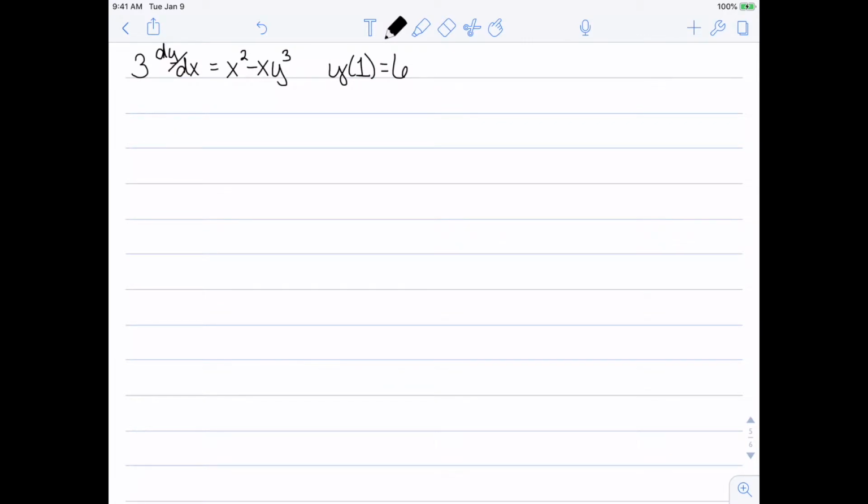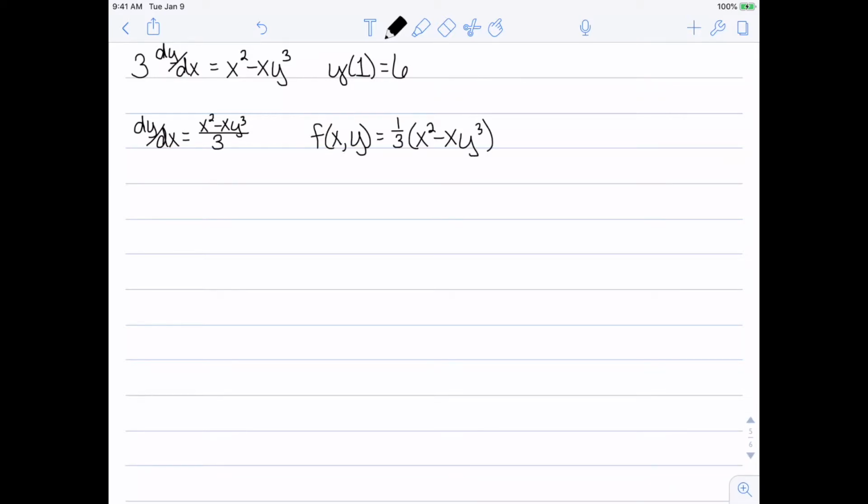So here's my first initial value problem, 3 dy/dx equal to x squared minus xy cubed, and y of 1 is equal to 6. The first thing I need to do is divide both sides by 3 to actually get this differential equation in the form of my statement of the theorem. Now that it's in the right form, I need to know that both f and the partial derivative of f with respect to y are continuous.